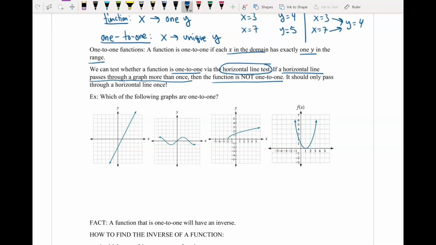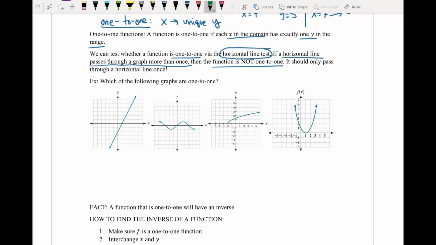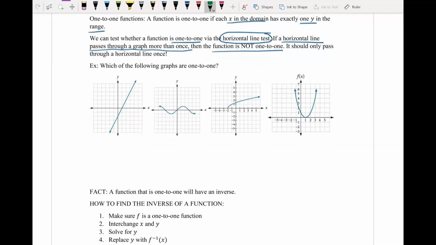Okay? So let's try out a couple of examples. Which of the following graphs are one-to-one? One thing you can do is use the horizontal line test. And you can see that the line only passes through once. So this one is definitely one-to-one.